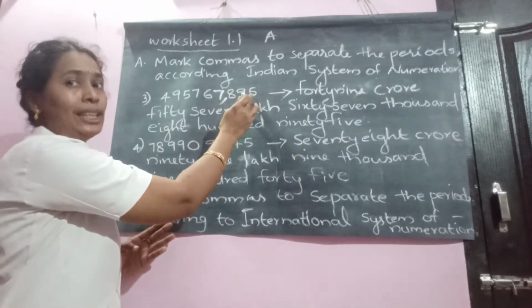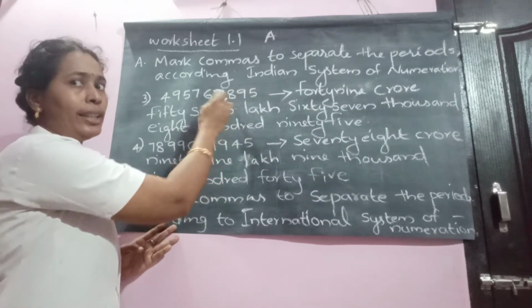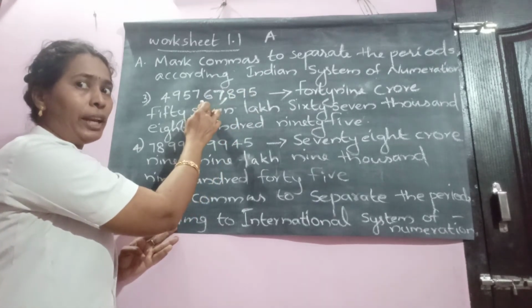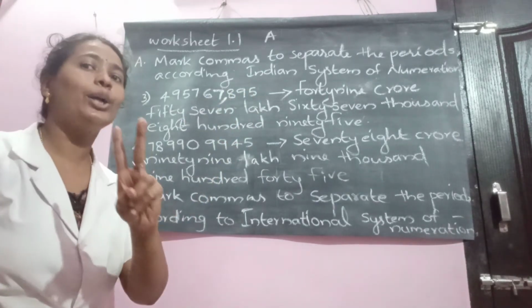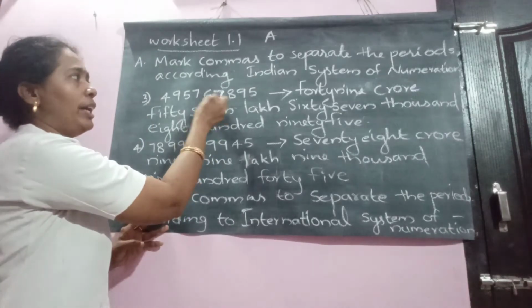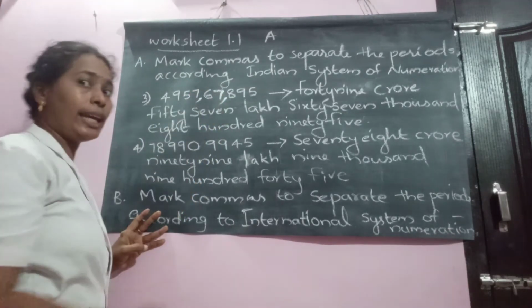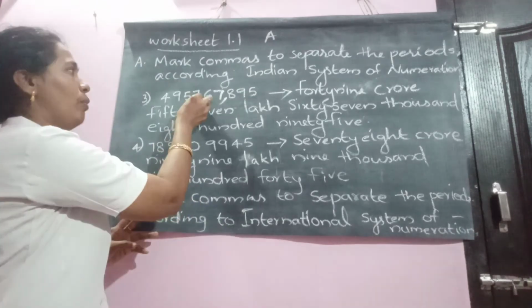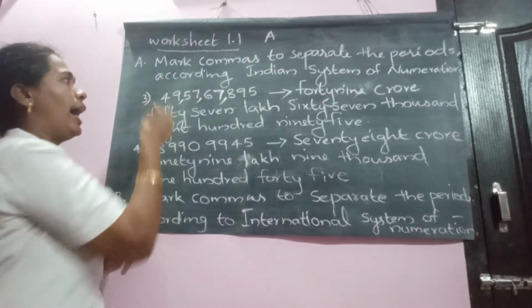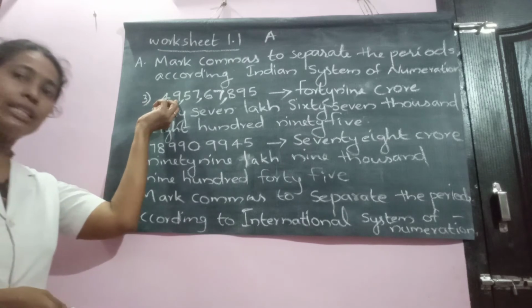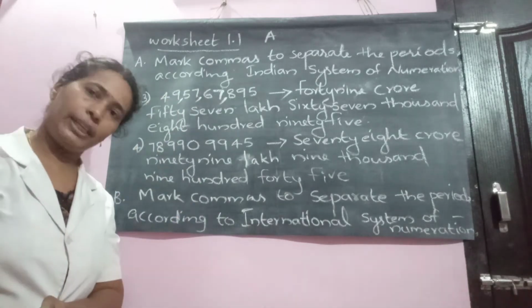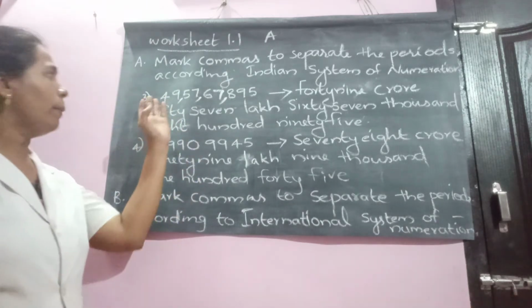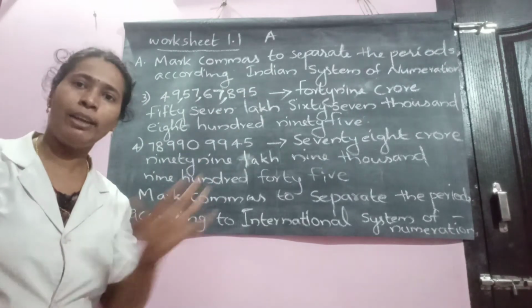Then thousands period, how many digits? 2 digits. So count 1, 2, comma. Again thousands period has 2 digits, 1, 2, place a comma. And the last 2 belongs to which one? Crores period. Finished. So marking commas has been finished.